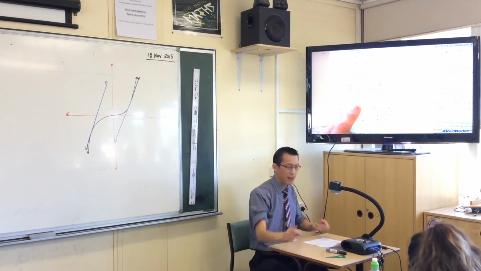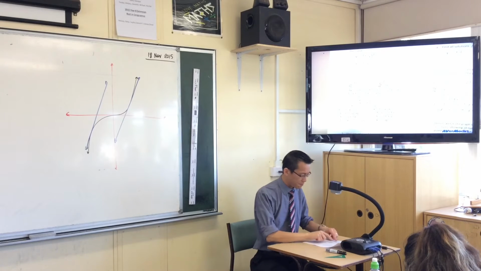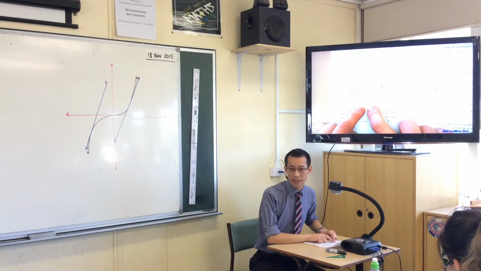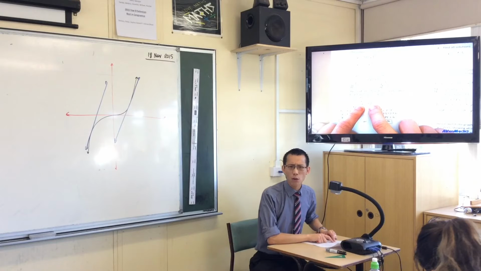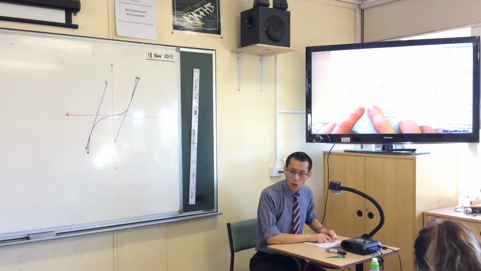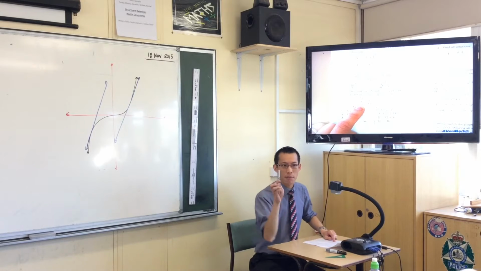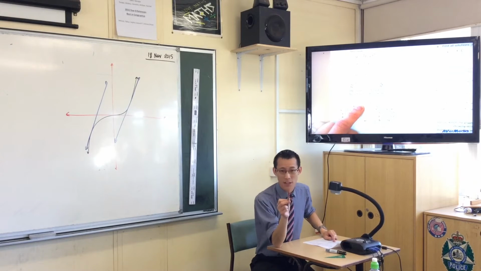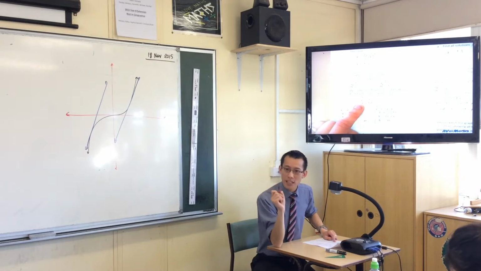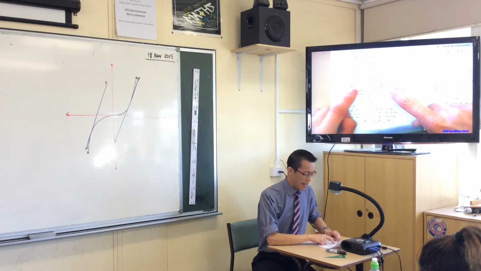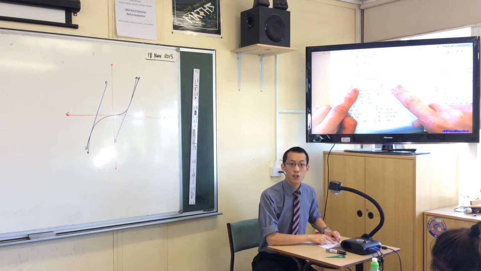Now, I'm still not out of the woods yet. What do I do with these two answers? What have I just solved for? The x value. I have solved for the x values. Mark this. Pay close attention to this. I've solved for the x values where this guy and this guy are the same. Right?